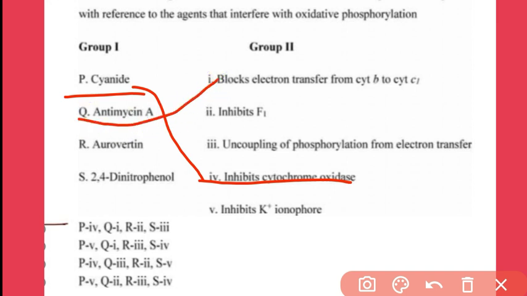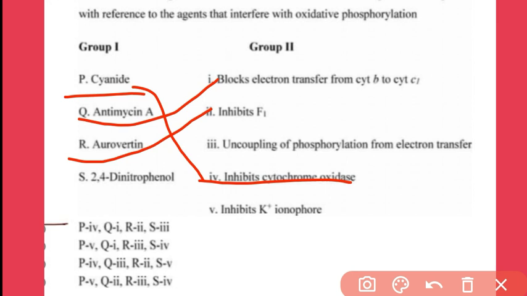Then aurovertin. Aurovertin is a naturally occurring antibiotic. It interacts with the beta subunit of the F1 domain in the ATP synthase enzyme. It means it inhibits the F1 domain or F1 particle in the ATP synthase enzyme complex. So R matches with second: aurovertin inhibits F1.